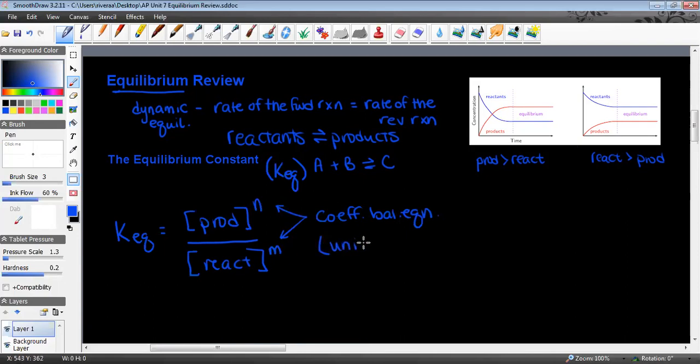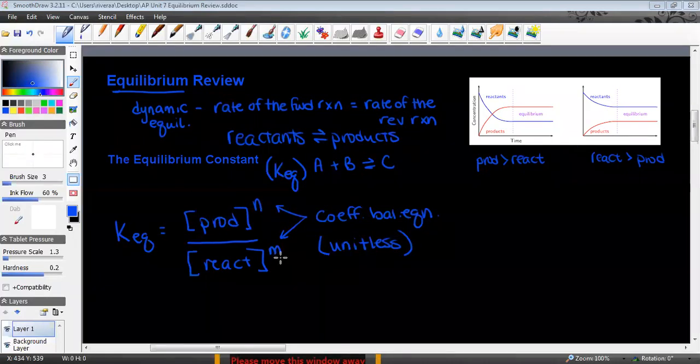The equilibrium expression is unitless. Your small k rate constants have units, but your big K equilibrium constants do not. So these are unitless, products over reactants.